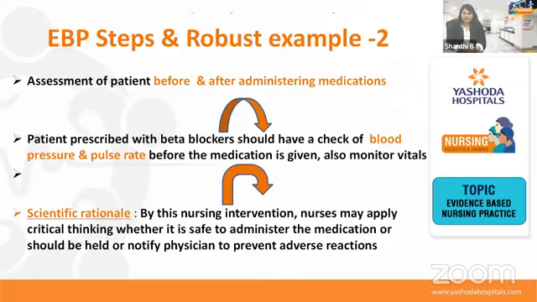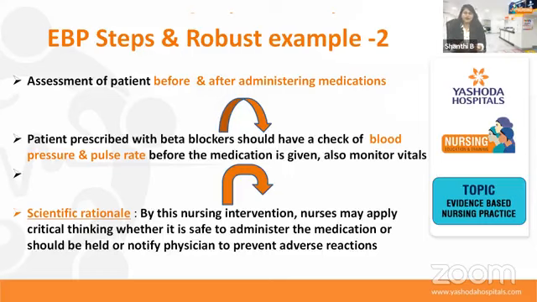So again, a robust example: what do we do before administering medications to the patient? We assess. We see the doctor's order. We see what medications are being given. Maybe the pharmacist or nurse does the indent. And after that, we also check the vitals of the patient.